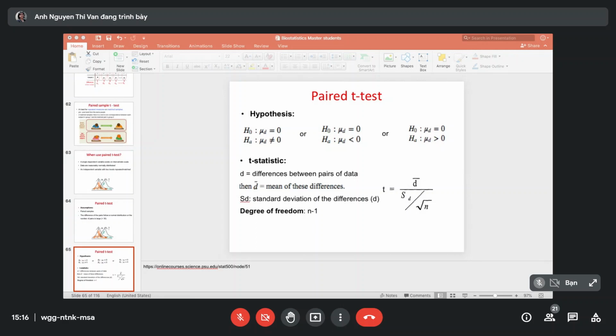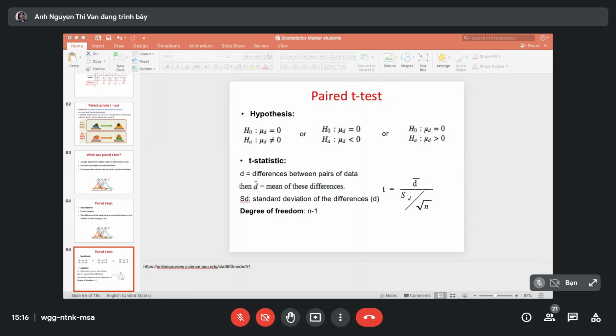You can see that the two-tail test just gives you the conclusion that the two groups are different. But the one-tail test can help you compare which one is bigger. Not only different, it can show you which one is bigger than the other. That is the difference between one tail and two tails.